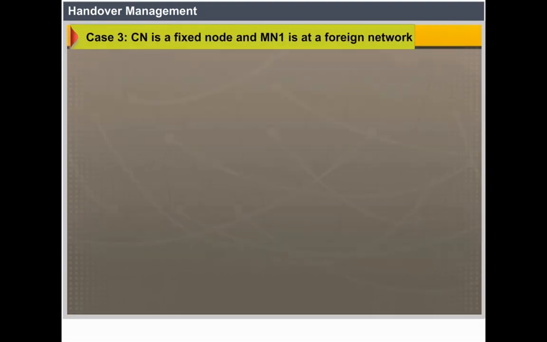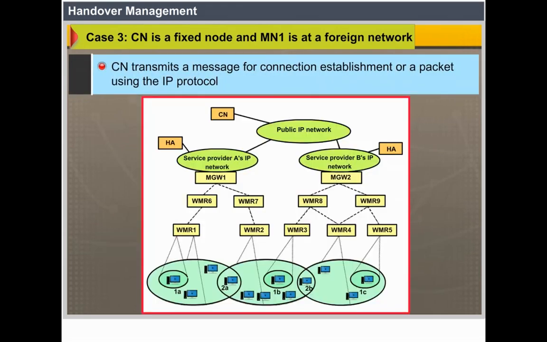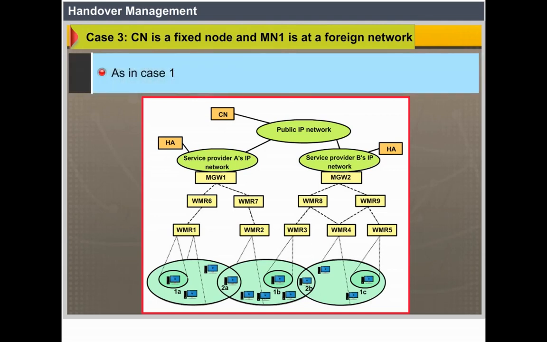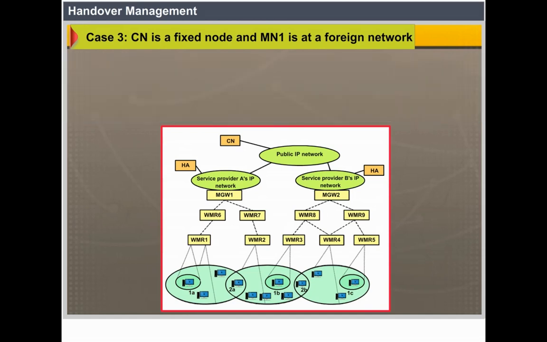Case 3. CN is a fixed node and MNI is at a foreign network. CN transmits a message for connection establishment or a packet using the IP protocol. As in case 1, HAI receives the packets and uses the information that the destined mobile node MNI is not at the home network and is presently visiting a foreign network and is reachable via a foreign agent FAJ.